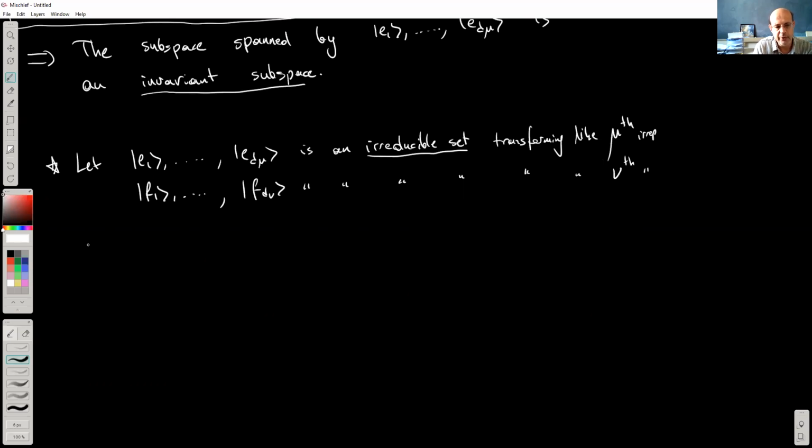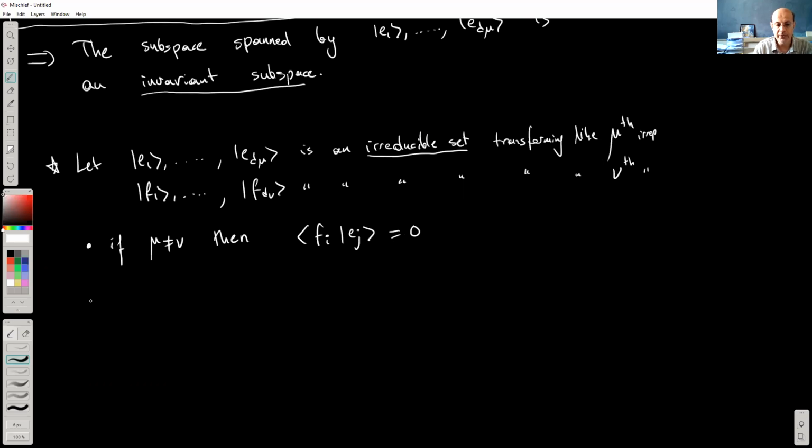So the theorem is this. If mu is different than nu, I mean, if these irreducible sets correspond to different irreducible representations, then they are orthogonal to each other. That's the first thing.